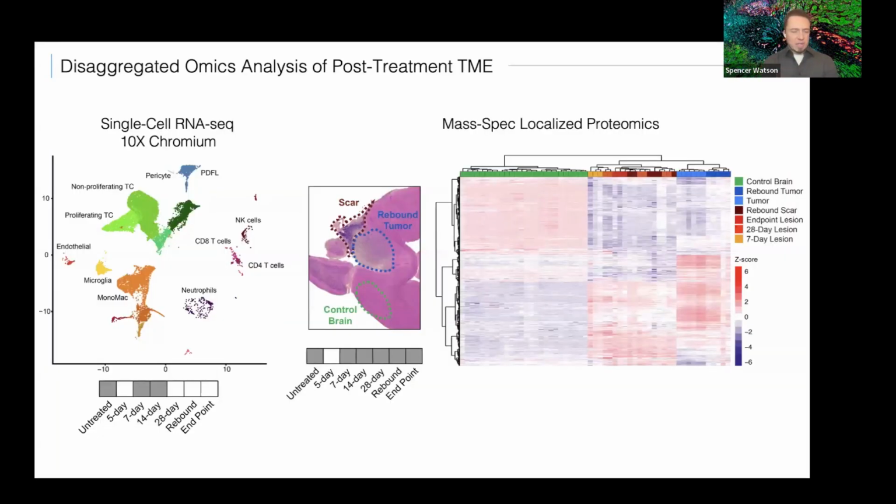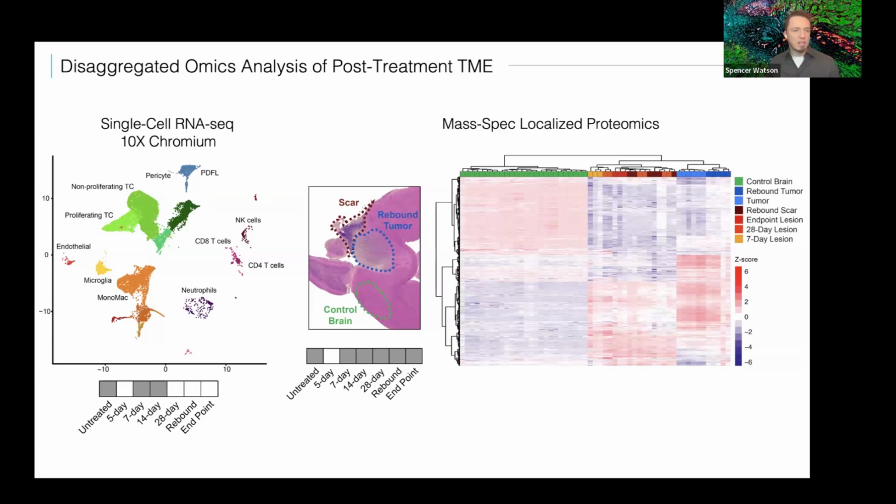So we wanted to try to assess what the cellular protein composition of these scars was and how they form. So we turned to a few different omic profiling technologies. And to try to get some of the temporal formation of these scars, we assessed multiple time points following treatment. So the key at the bottom of these figures shows which time points were assessed by which modality.